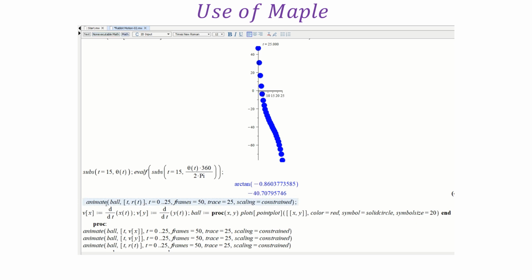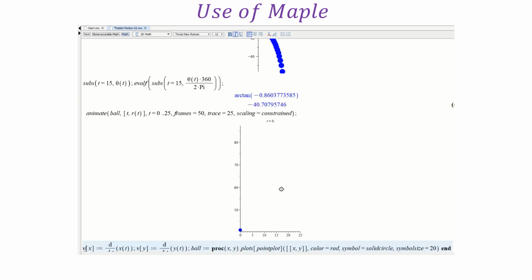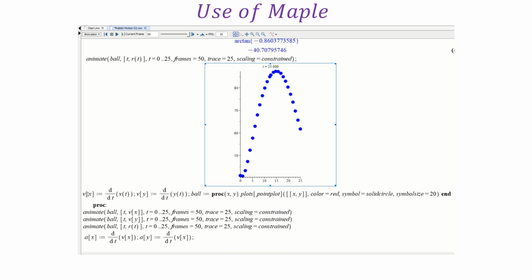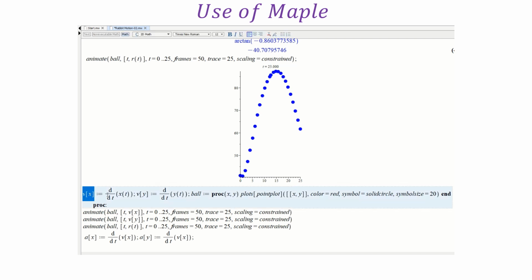Now we can animate r of t on the y-axis, time on the x-axis, 25 traces as desired for 25 seconds. So you can see r has some maximum value here. Similarly, one can work out the x component of velocity.